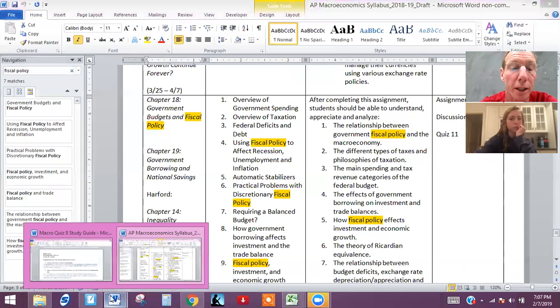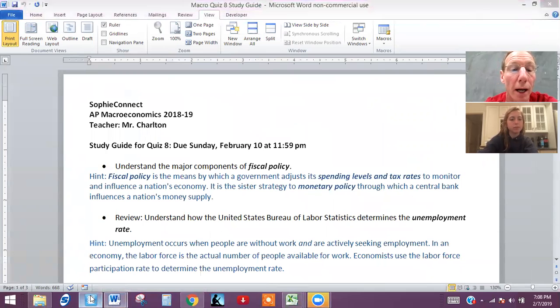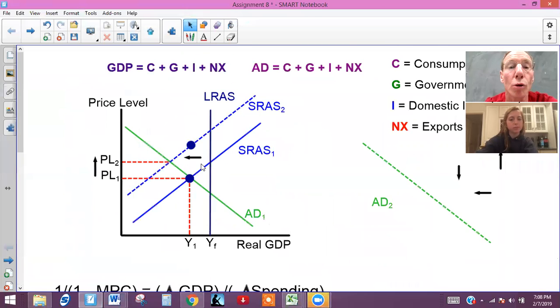You shouldn't have any problems with these questions because what we're talking about here is policy. Fiscal policy is policy on either government spending or government taxing. That's all it is, really. In our aggregate supply, aggregate demand model, fiscal policy is designed to shift the aggregate demand curve.